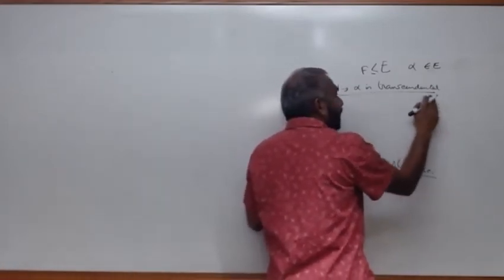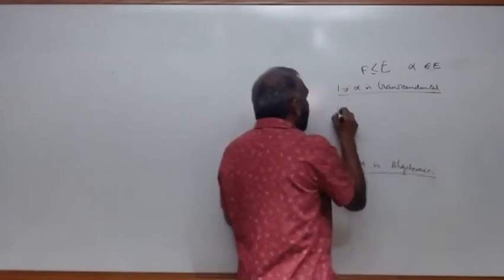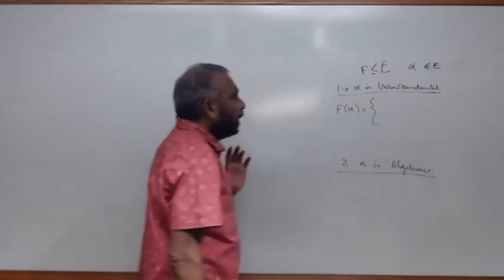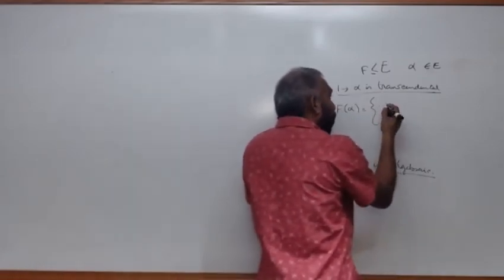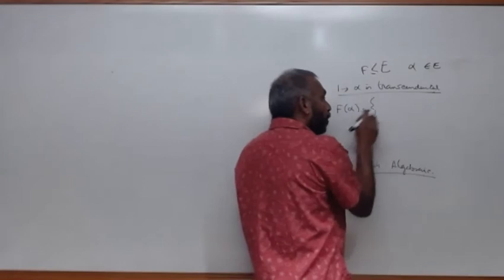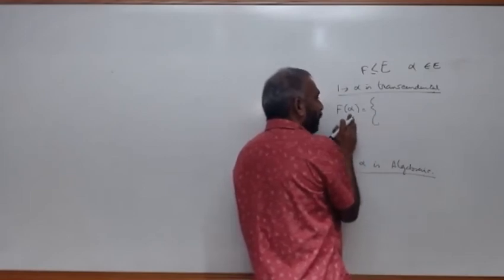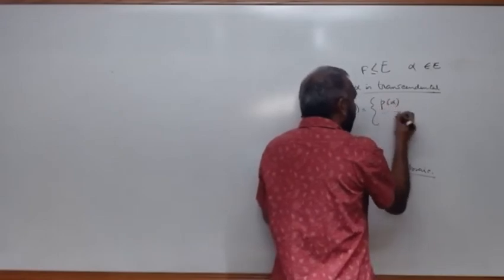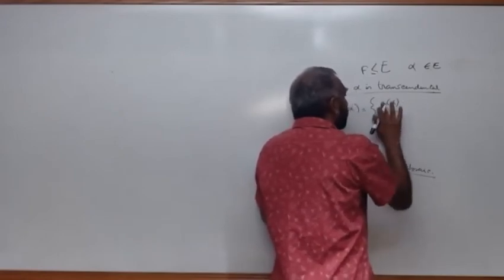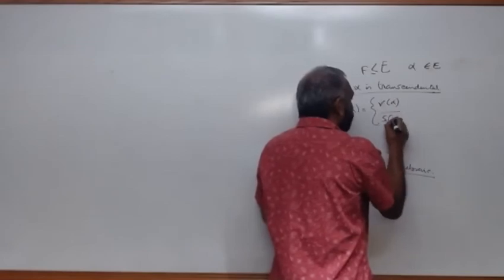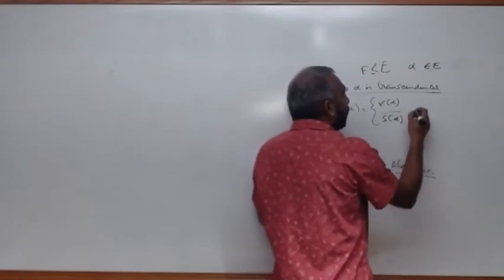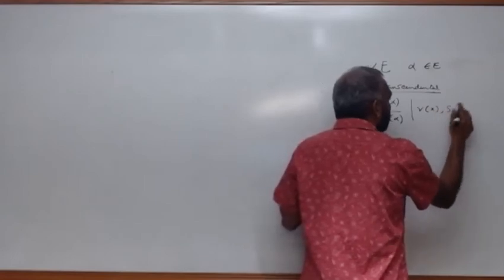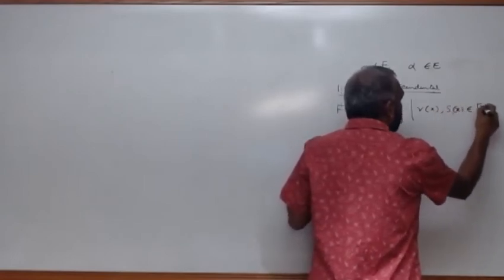When alpha is transcendental, F of alpha is the quotient of polynomials in alpha, let us say r of alpha by s of alpha, where r of x, s of x belong to F of x.